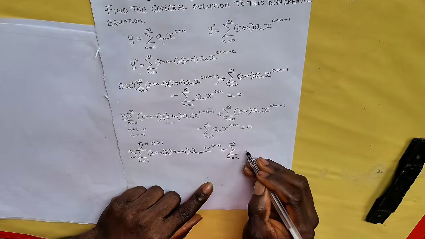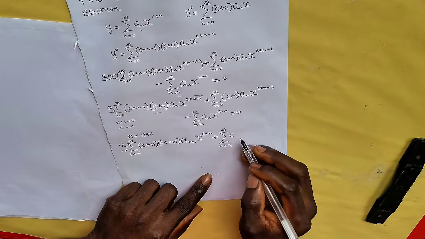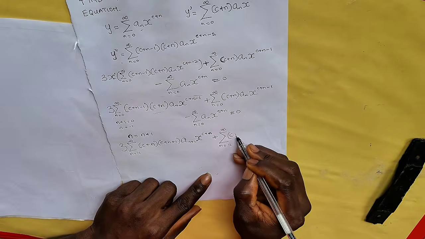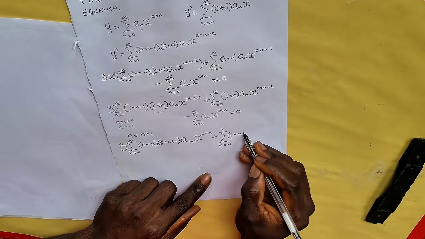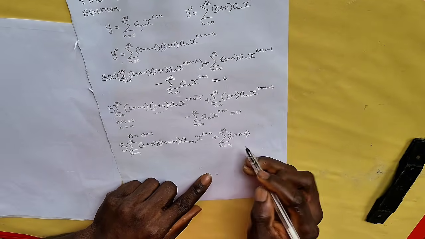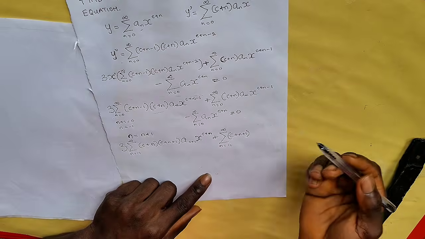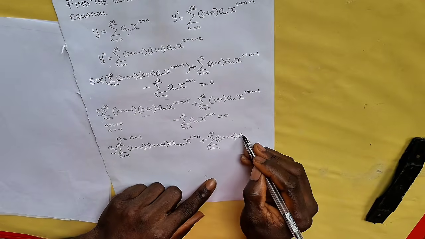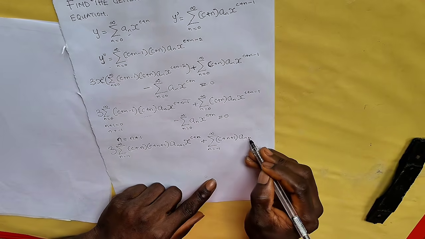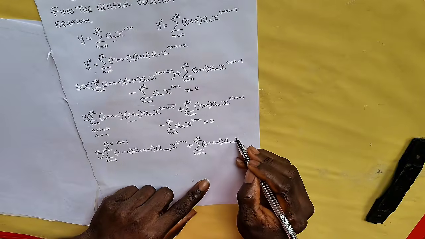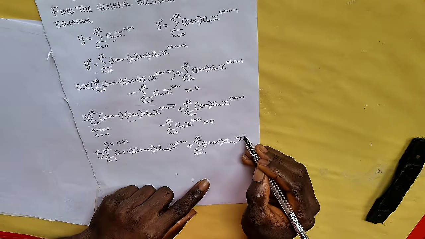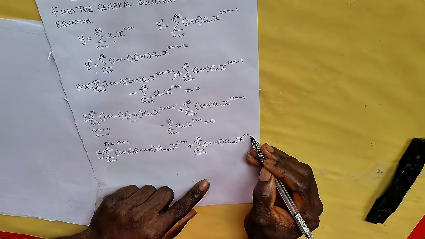And to infinity of c plus n plus 1, right? Because I said anywhere I see n, I should put n plus 1. I'm going to have a n plus 1, and I'm going to have x to the power of c plus n.